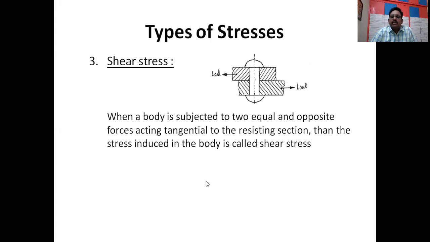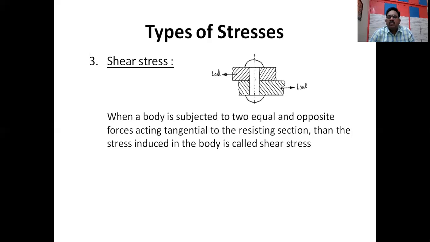If we want to give a proper definition, when a body is subjected to two equal and opposite forces acting tangential to the resisting section, see here, this is the resisting section, then the stress induced in the body is called a shear stress.